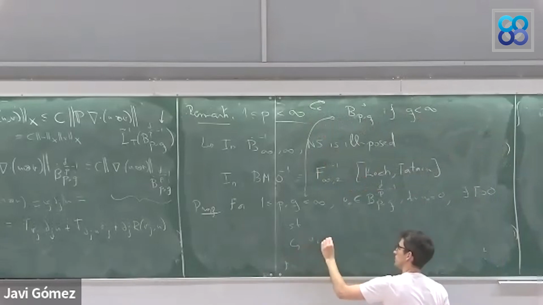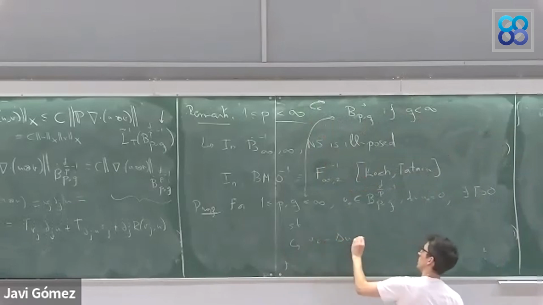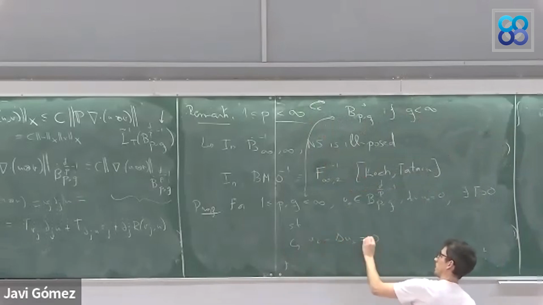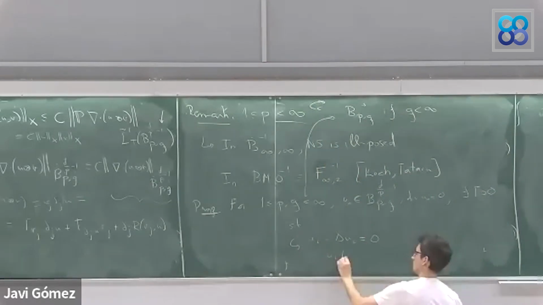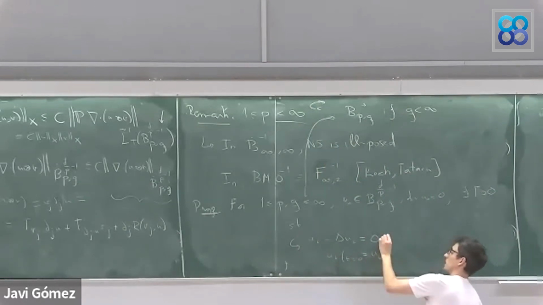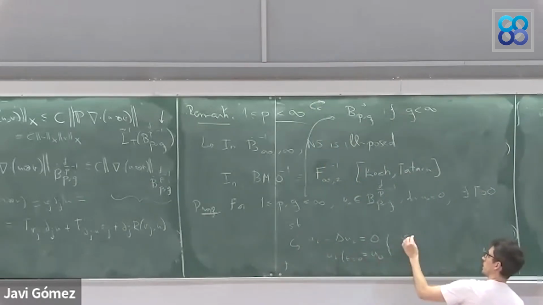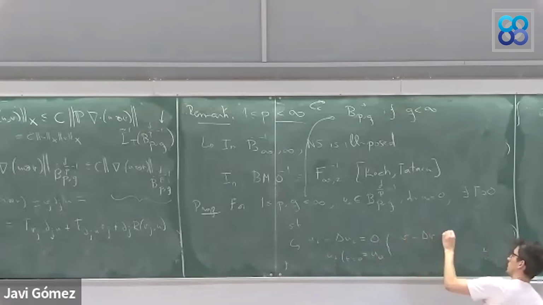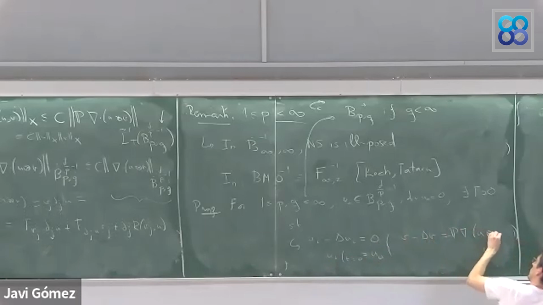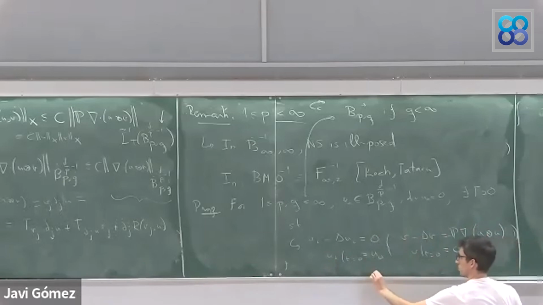So you solve a linear problem with zero force and the initial condition here, and then B solves the remaining part, with zero initial condition, and the original solution U is U_L plus B.